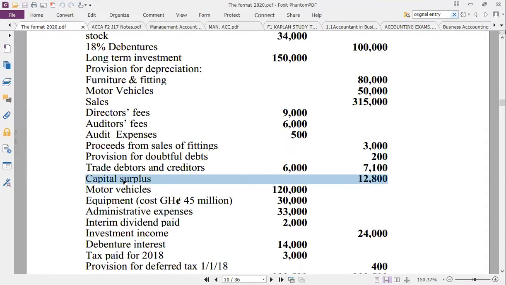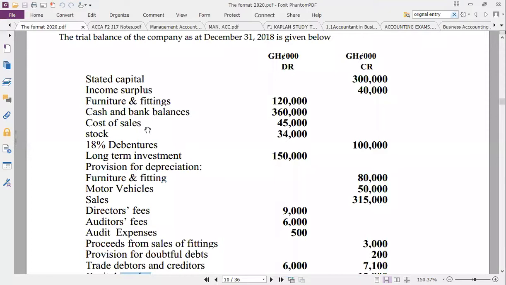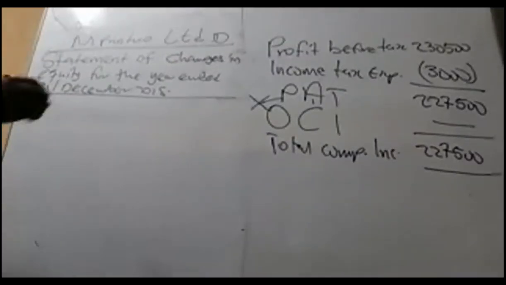Good. Kindly visit the conceptual framework to look for the equity items or the previous lecture video. So there are three: stated capital, income surplus, and capital surplus. So I'll start like this.